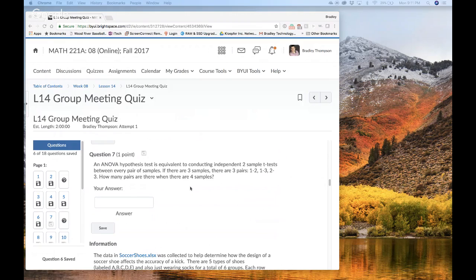Is it asking if we were doing t-tests, how many pairs would there be? It's just asking how many pairs there are when there are 4 samples. Isn't there 6? You pair 1 with 2, 1 with 3, 1 with 4, 2 with 3, 2 with 4, and 3 with 4. That would be 6. Oh, that's true. So it would definitely be more than 4. I think there's 6, right? I think so, yeah.